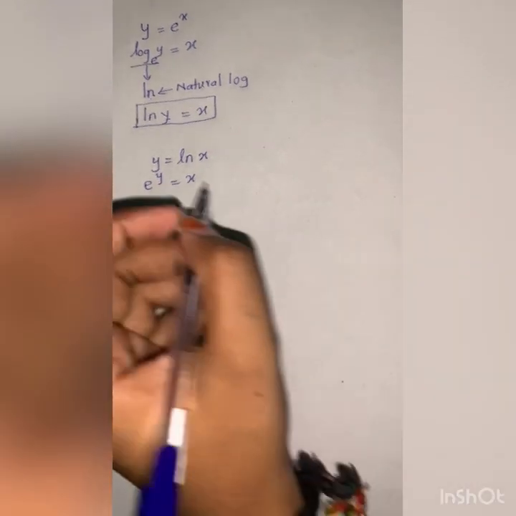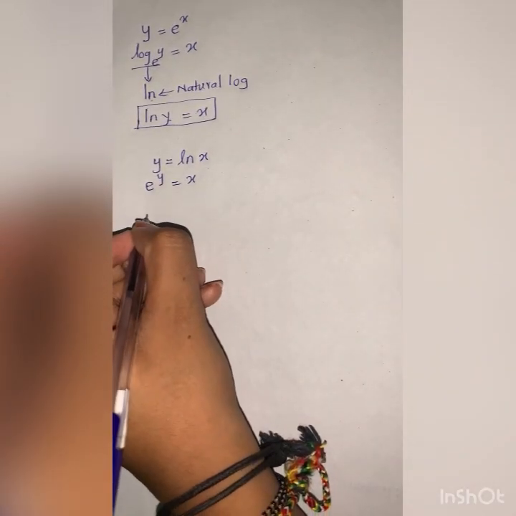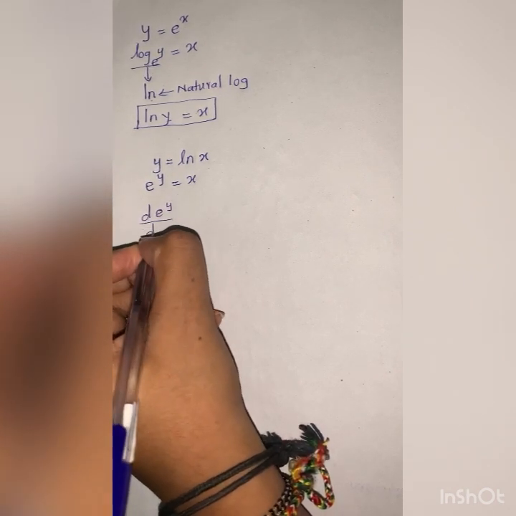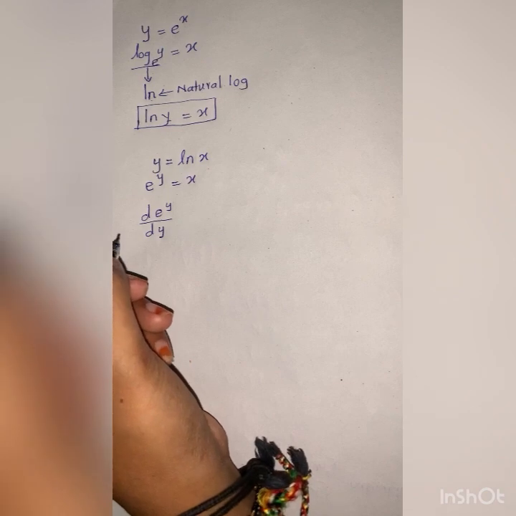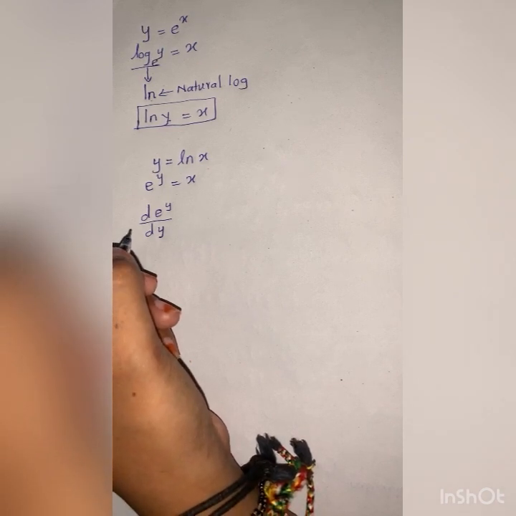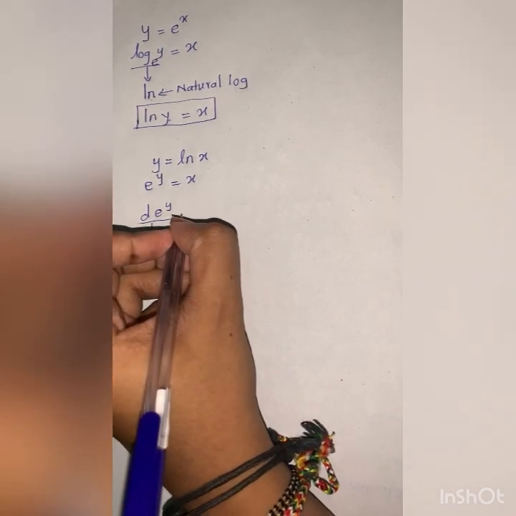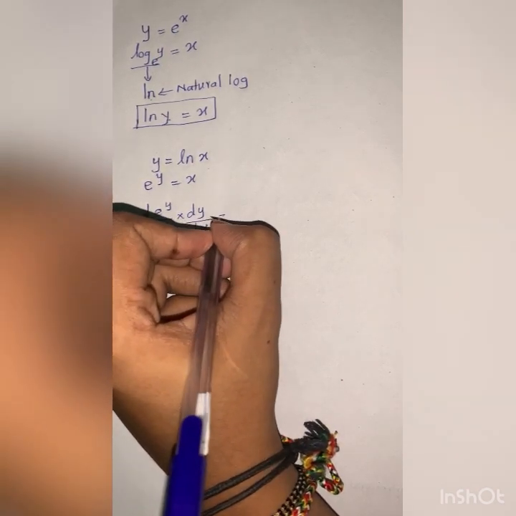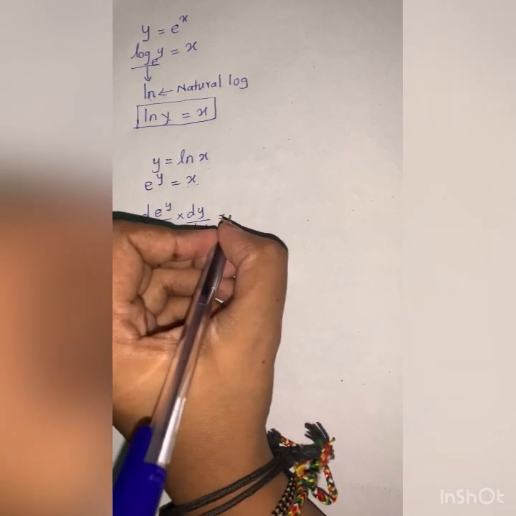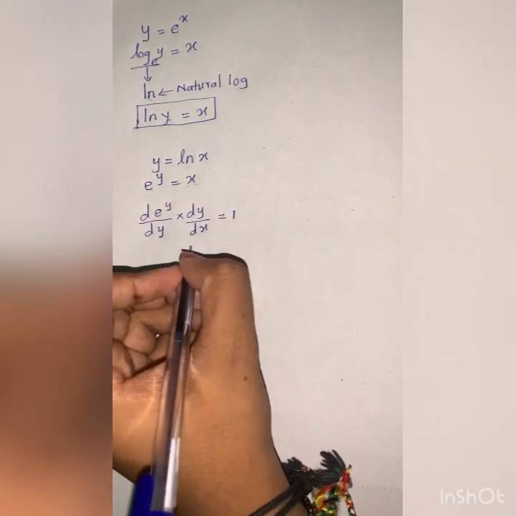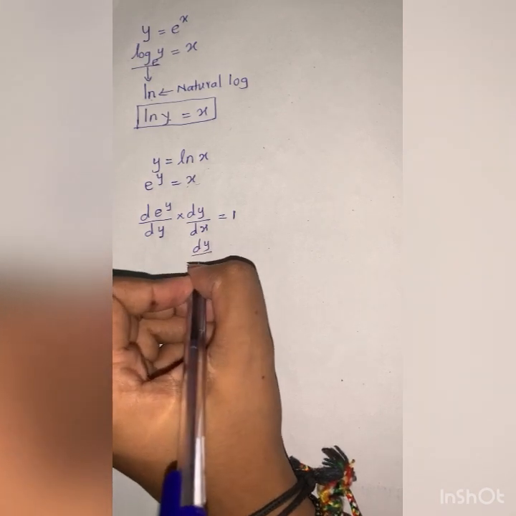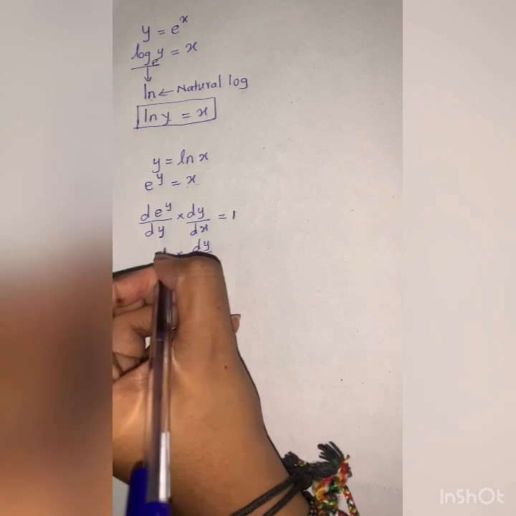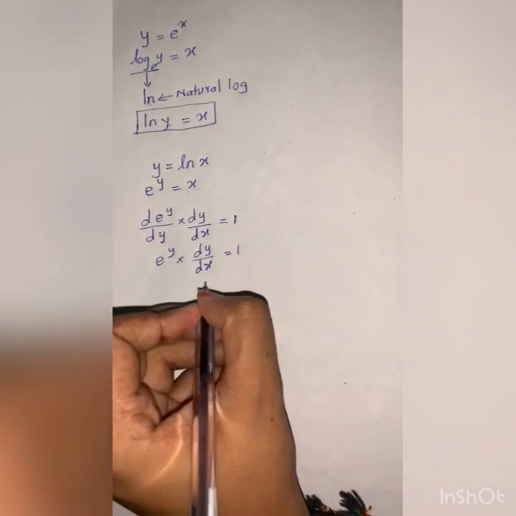To differentiate this, we differentiate e to the power y with respect to y, which we already know, and multiply by dy by dx, and the right side differentiation is 1.